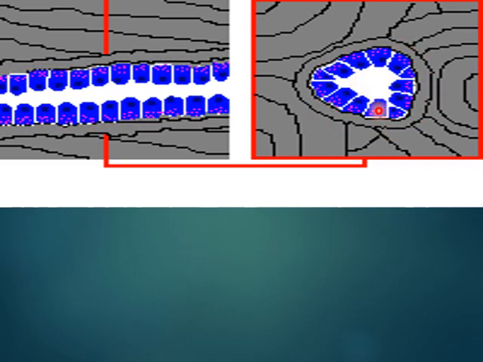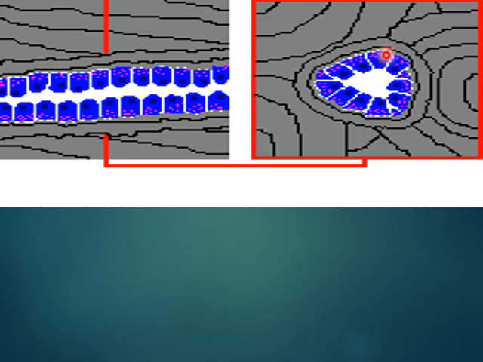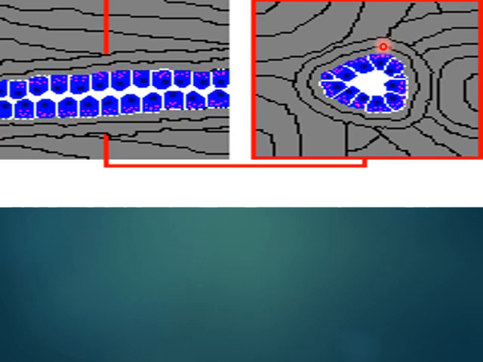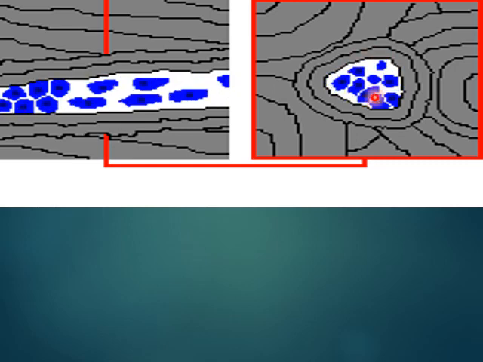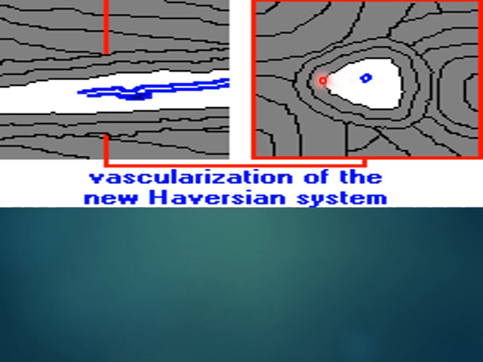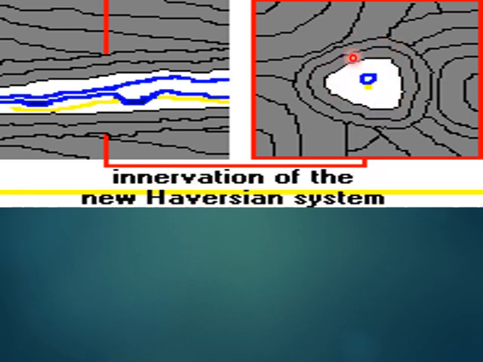The osteoblasts will be present in lacunae and change into osteocytes, and then I'm going to form the Haversian canal containing blood vessels. This is the Haversian system.